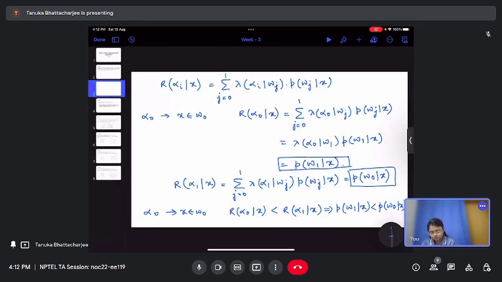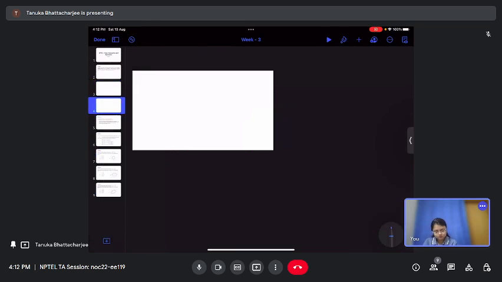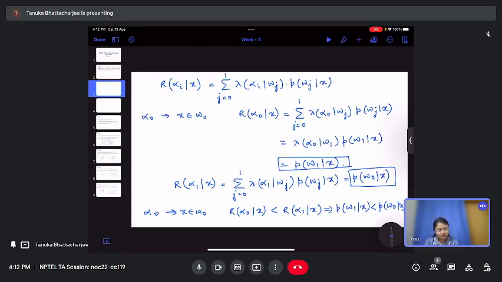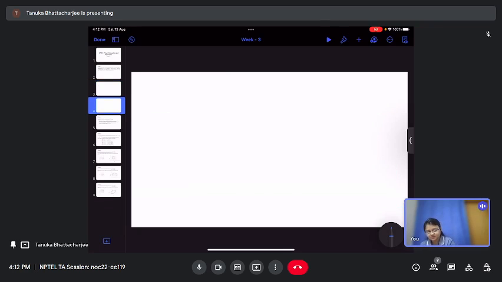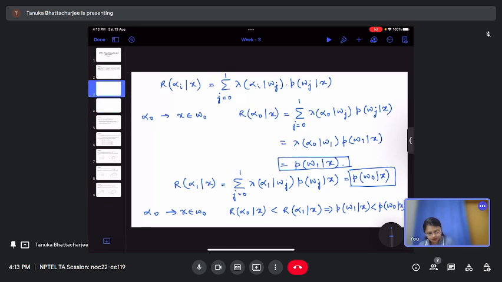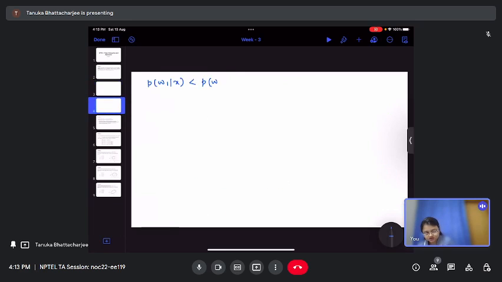Now, these are the posterior probabilities. Let me write it down once more. P of omega 1 given x should be less than p of omega 0 given x for the action alpha 0.